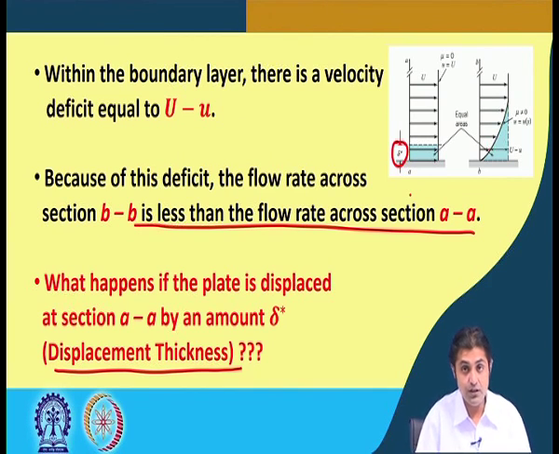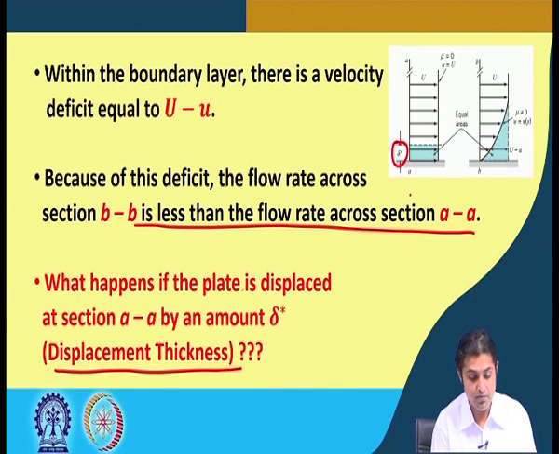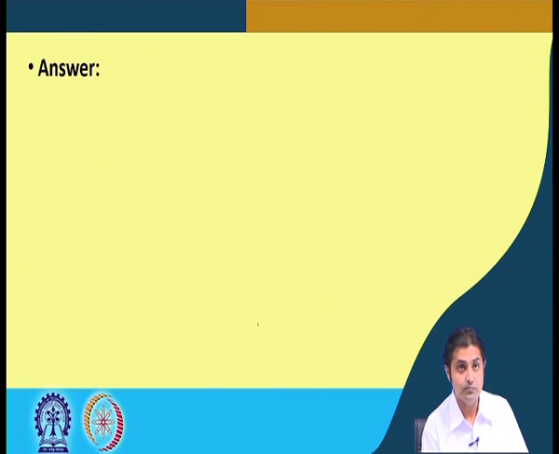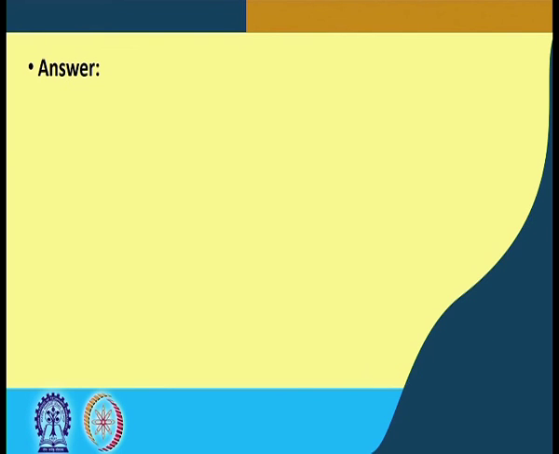So, the question at which we are going to end this lecture today is, what happens if the plate is displaced at section AA by an amount delta dash? So, this is enough for today, and we are going to start the next lecture by answering this question.